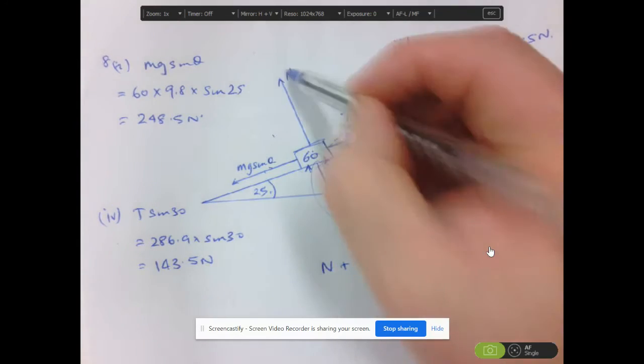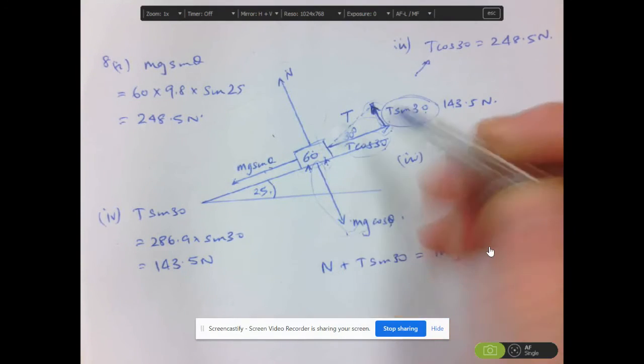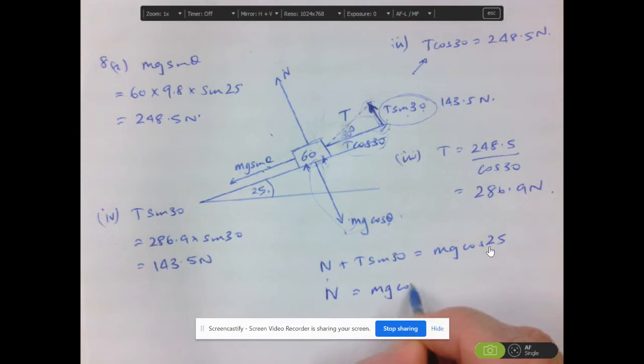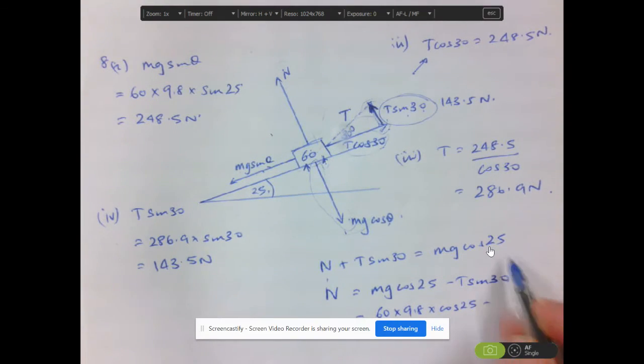This plus that must equal that, because it's not rising off the surface, and we want to find N. So N would equal mg cos 25 minus T sine 30. Popping those values in, we get 60 times 9.8 times cos of 25 minus T sine 30, which is 143.5, which we've already calculated.